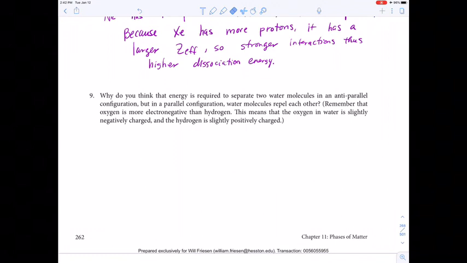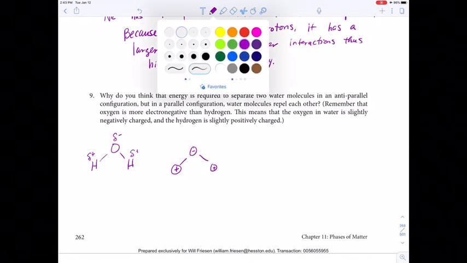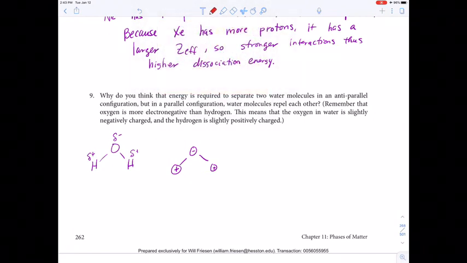So hydrogen, oops, I drew this wrong. This is what water looks like. And we have these dipoles, these positive parts and these negative parts. So I'm just going to show this as plus, negative, plus. Okay, if we have two molecules, we're going to draw the purple one in front, and the back one is going to be in red.